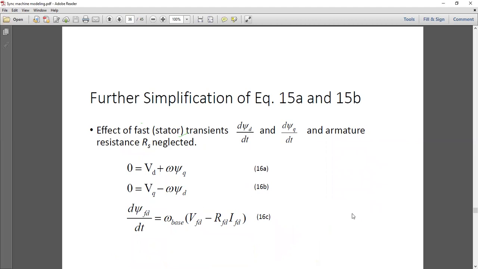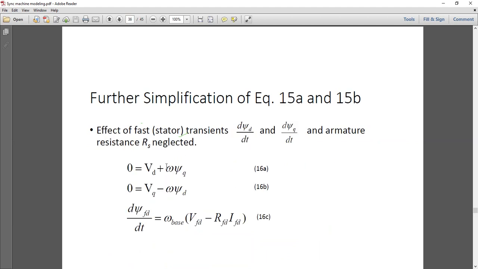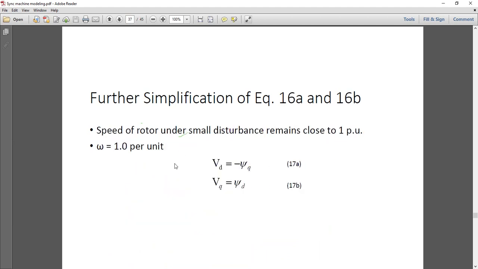Now a little bit more simplification. Some are notational, some are again conceptual. One conceptual assumption concerns this omega. One of the main interests in this course is to look at low frequency oscillation.